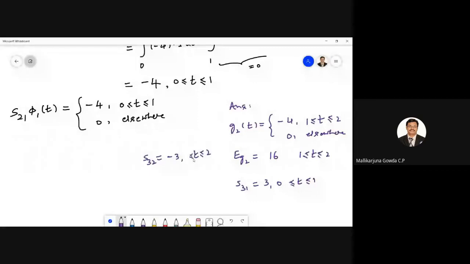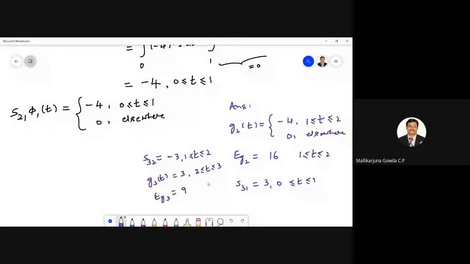Then the value of G3 of t will be equal to 3 over the interval 2 to 3. Then you can find the energy of the signal, EG3, which will be equal to 9 over the same duration.